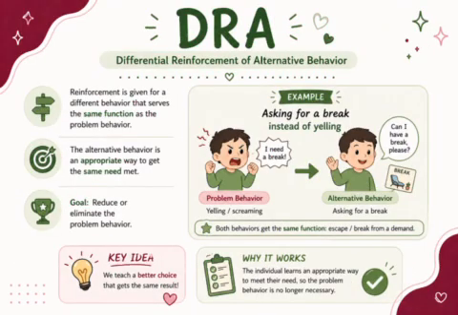Now, moving on to DRA, differential reinforcement of alternative behavior. This procedure is going to reinforce an appropriate alternative behavior that serves the same function. So, for example, instead of yelling to escape a task, the student asks for a break.